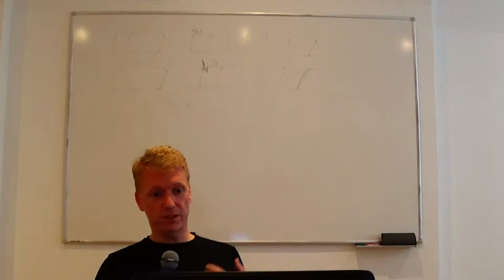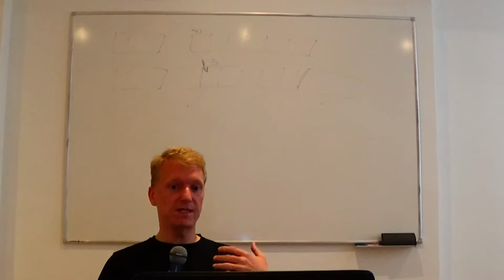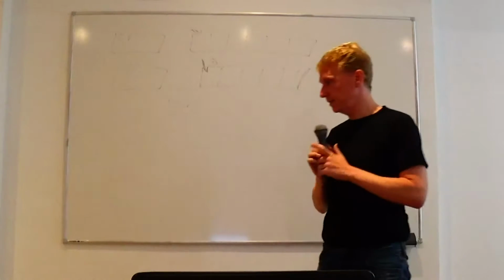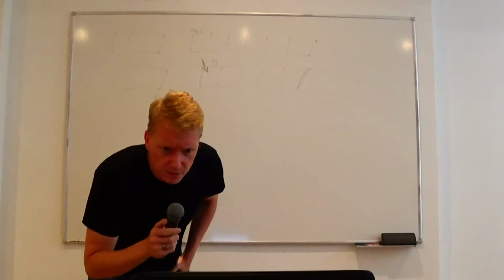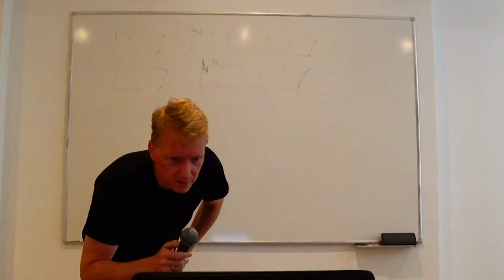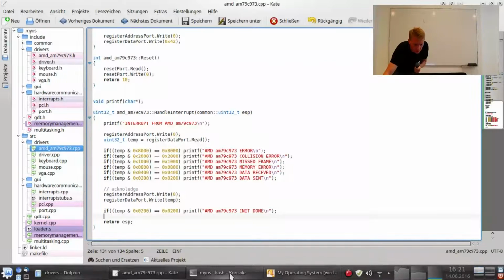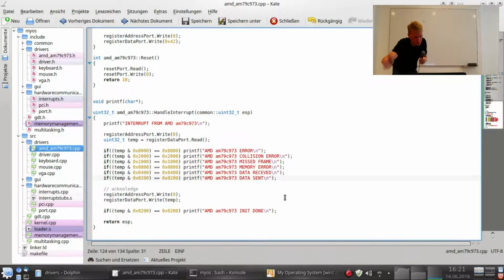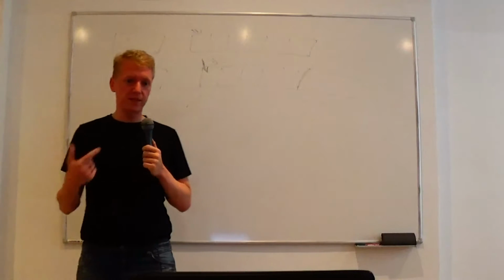So this at least tells us that we successfully have initialized the device, we have activated it, and I'm quite happy about that, even if I don't really know why it doesn't tell us anything more. It just says interrupt, but not which one, so whatever. I really think this is enough for today. A big step. We are now finally able to communicate with the network device.